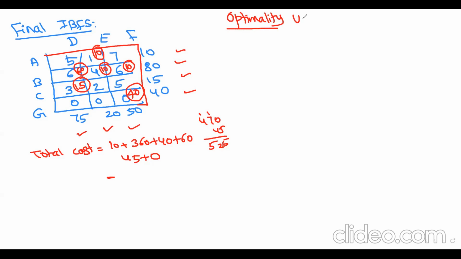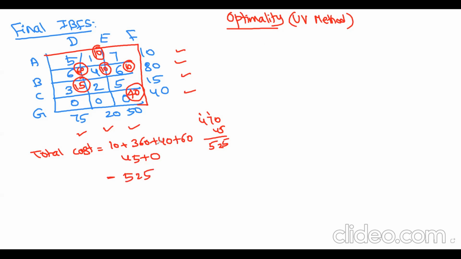For the optimality test, I'm going to use the UV method. If you get all the values as negative, then we can say this value is the final amount. If not, there is a chance to reduce it.